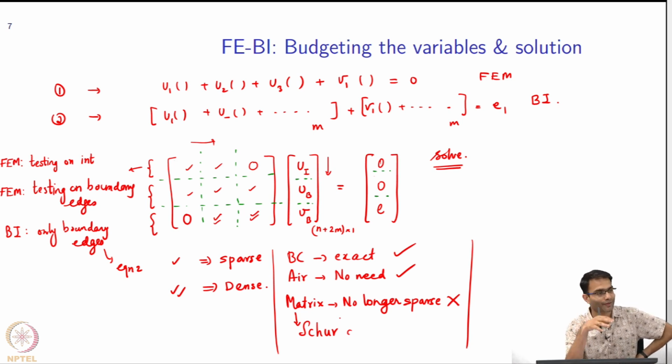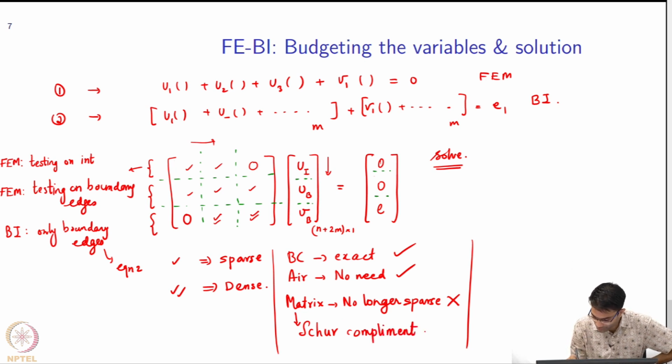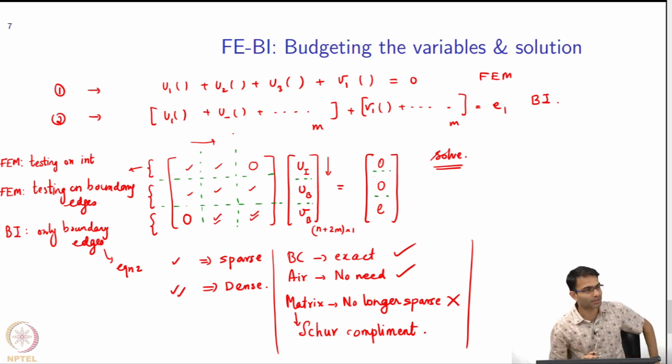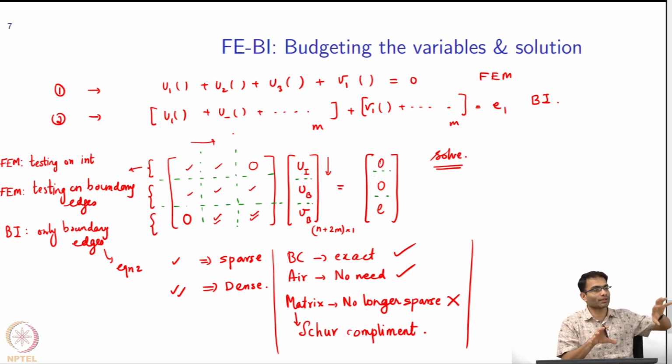What I'm saying is not Schur decomposition but Schur complement. Schur complement splits a matrix into 4 parts, and inverses of sub matrices are involved. So for the sparse part, you can use the n log n solver, and for the dense part use a regular solver. That's how it is done in the literature.